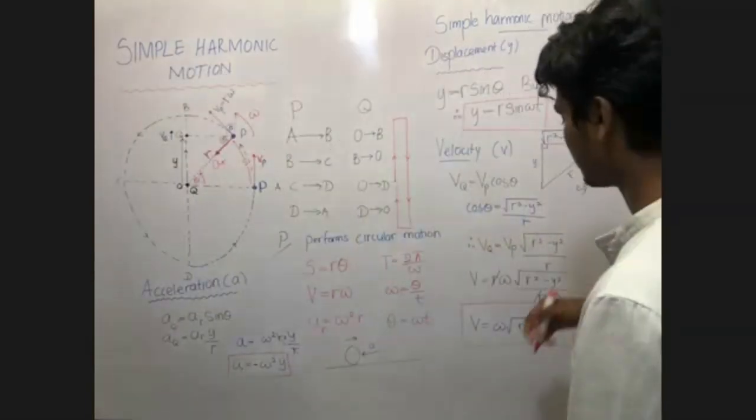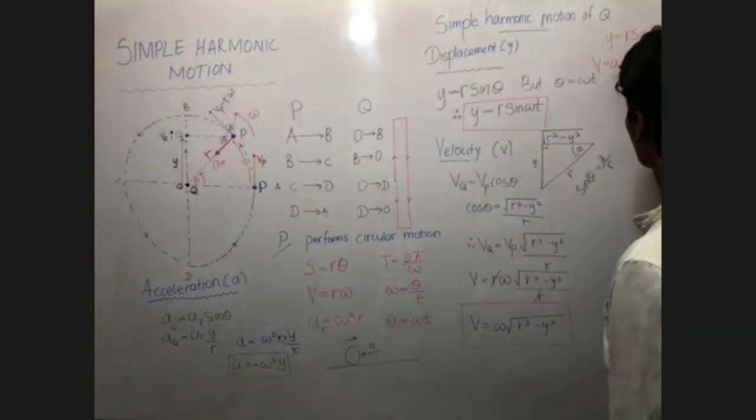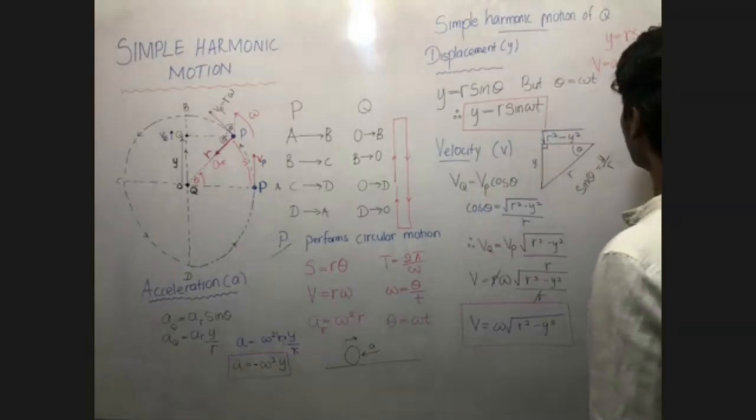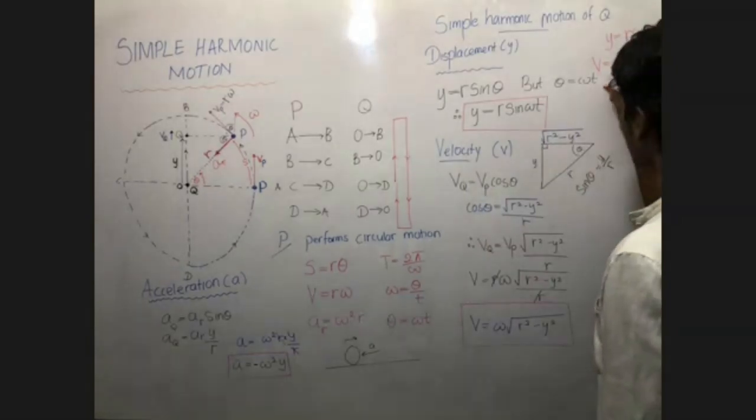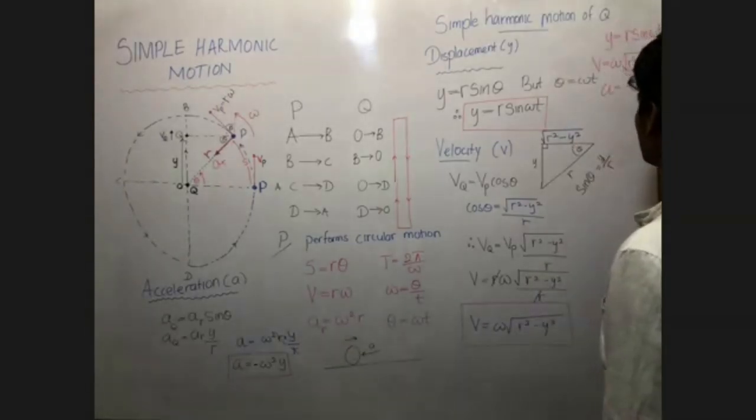Very important equation, right? So y is equal to omega root r squared minus y squared. A is equal to minus omega squared y.